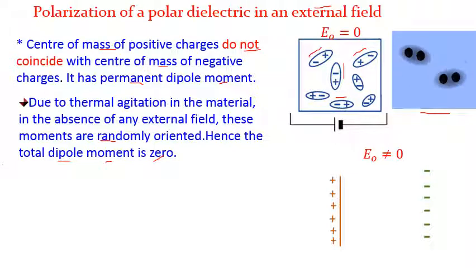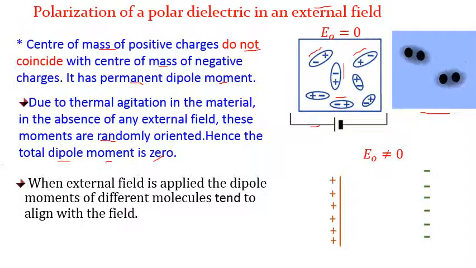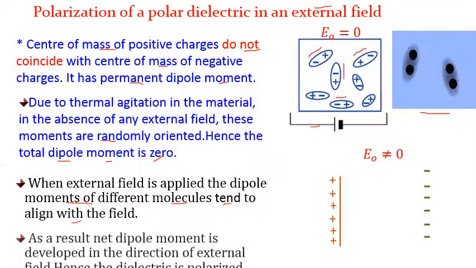Now when an external field is applied, like this end is positive while this end is negative, what will happen when this electric field is applied? See, it is written here. Read it carefully. When this field is applied, the dipole moments of different molecules tend to align with the field, means like this.